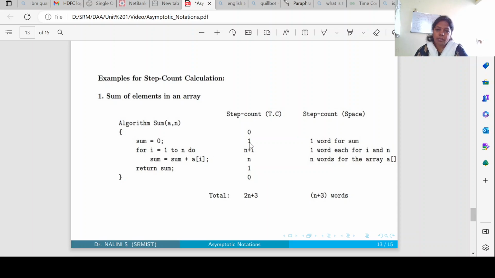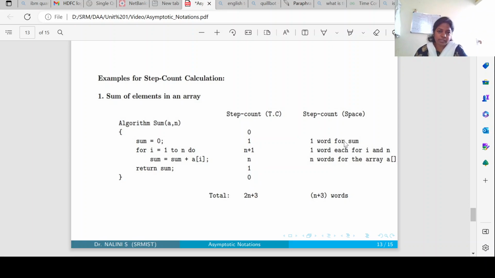Sum equal to 0 takes 1 unit of time. For i equal to 1 to n takes n plus 1 time. Sum equal to sum plus a[i] takes n time. Return sum takes 1 time. This also takes 0 time, right? So when you sum up everything, the total time is 2n plus 3, right?